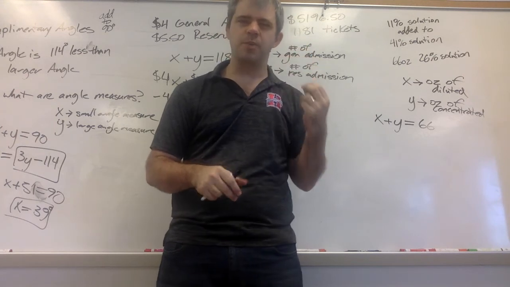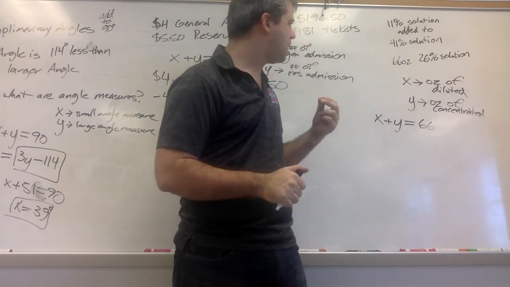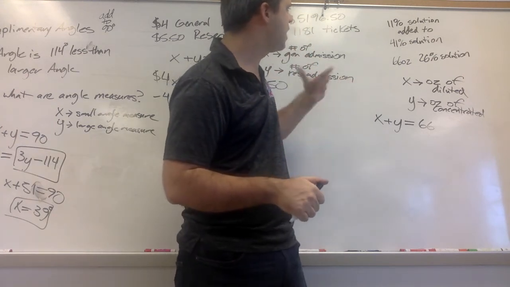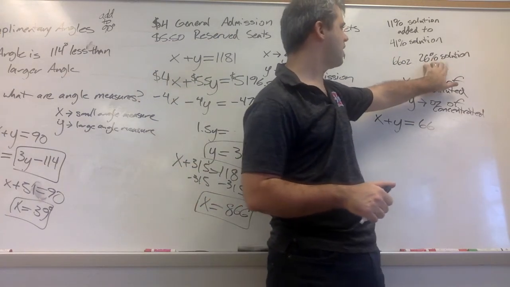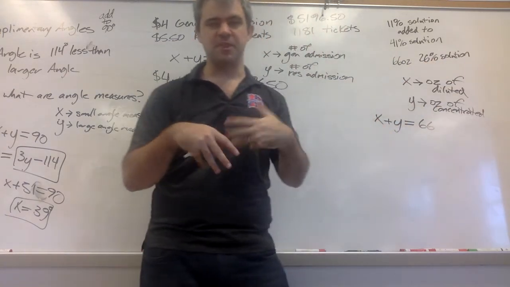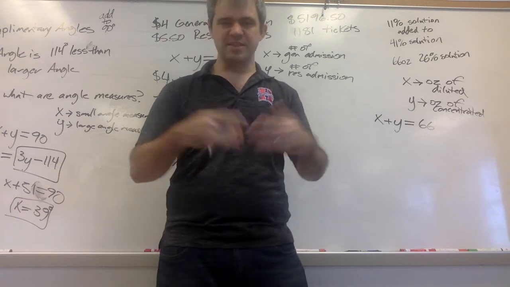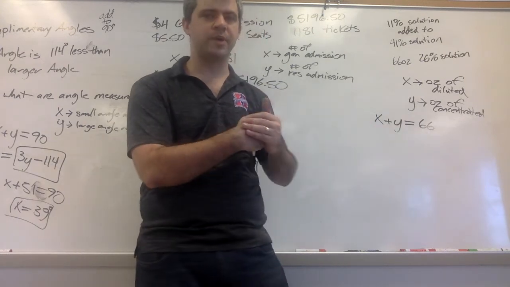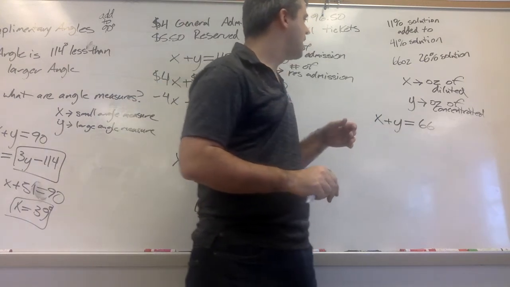Now, the harder part is figuring out how to write this other one that has to do with the concentration of the thing. Now, let's say this is concentration of alcohol or whatever.